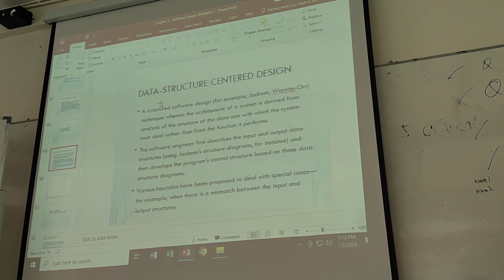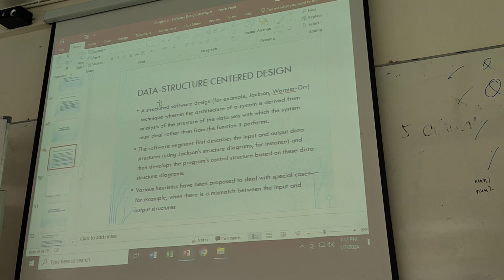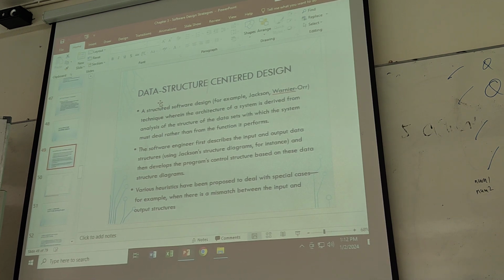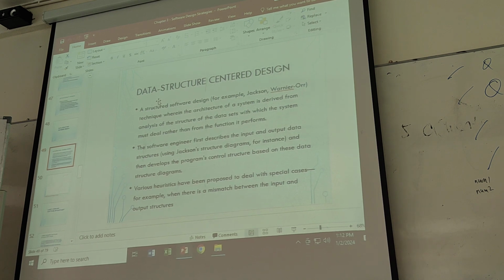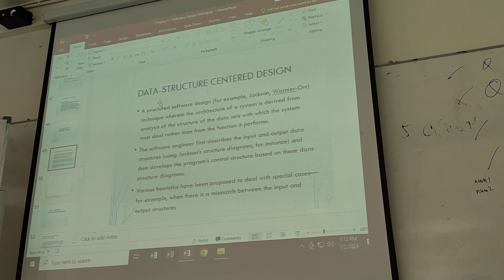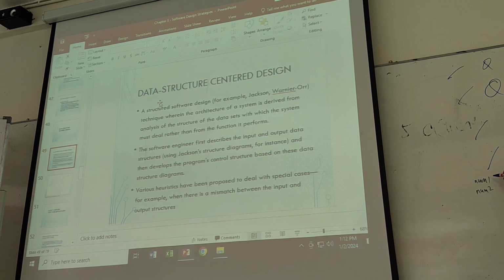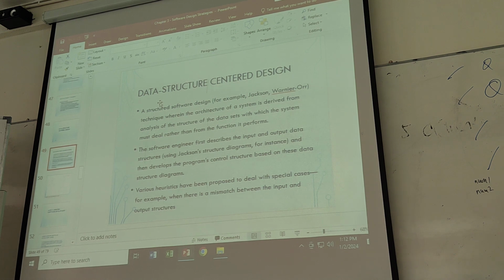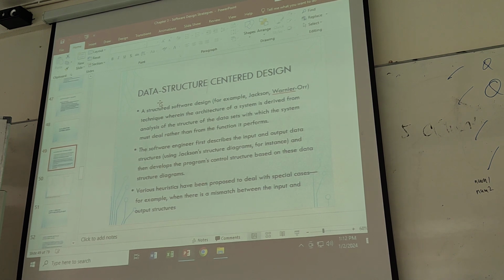Then I make it into a structure chart. This is, for example, my program. They concern themselves with the data first, what the input is, then I see what the process is, and then what the output is. So in the case of the Jackson structure chart, they concern themselves with the input and the output, then the process is decided, understand?